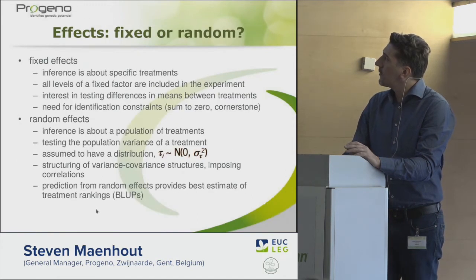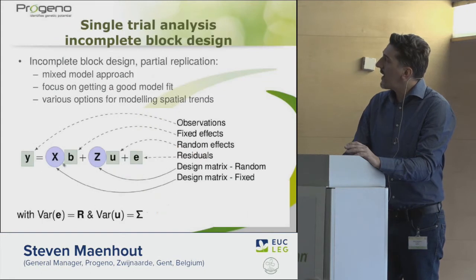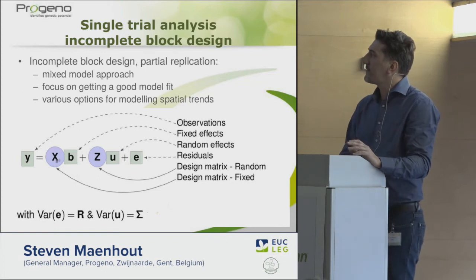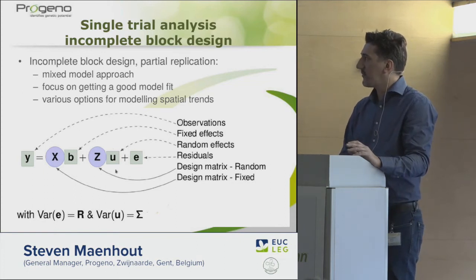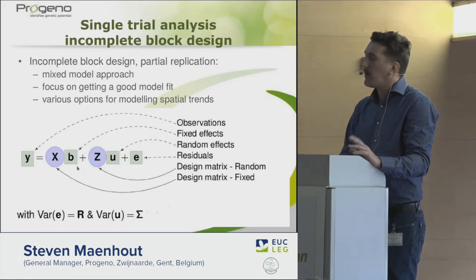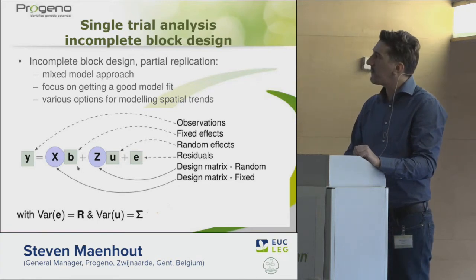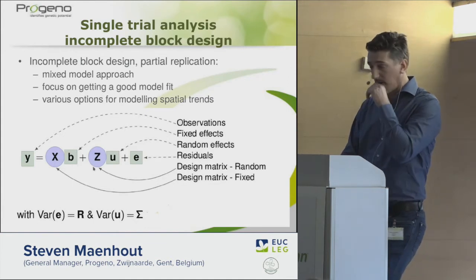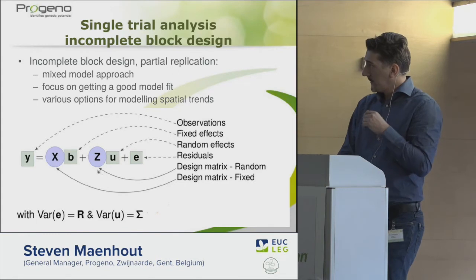And one of these things here, every mixed model has two components, a fixed effect structure and a random effect structure. So if you use any linear mixed model software package, you'll have to define which of the factors you will put in the fixed part and which part you will put in the random part.